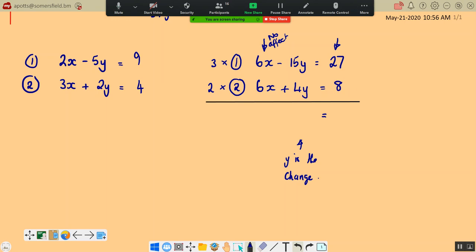So you're going to work from number 2 up to number 1, yeah? So if I start at 4y and I subtract 11y, is that right? You sure? Why? No.